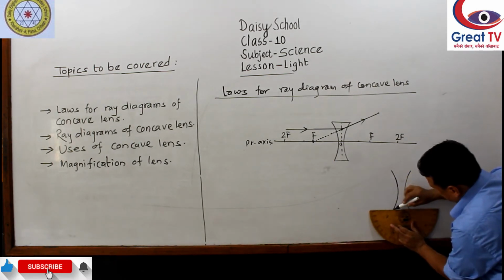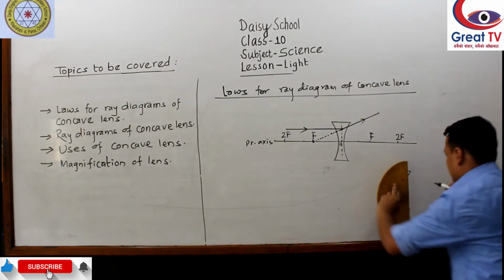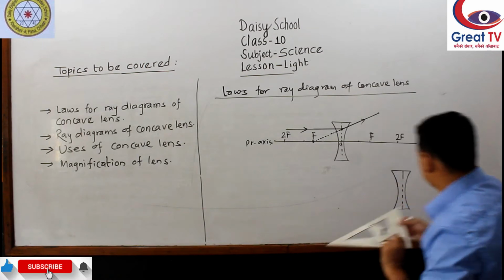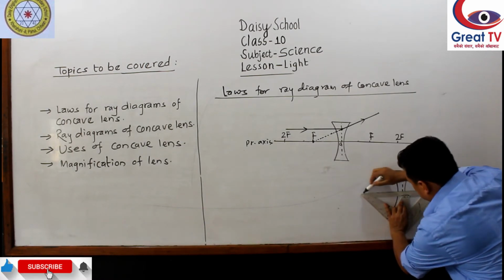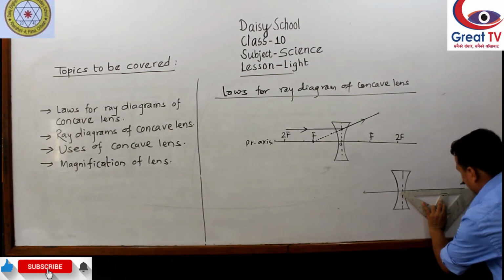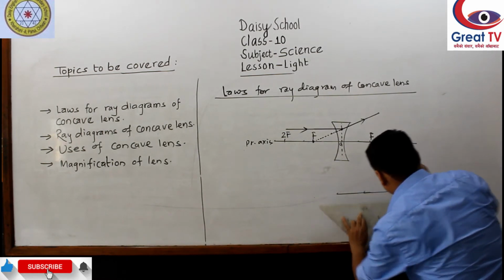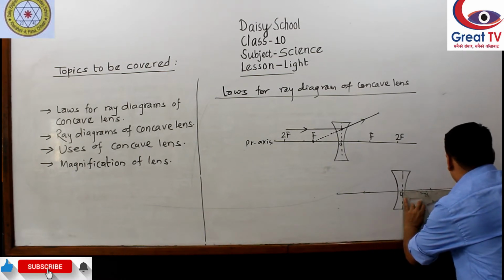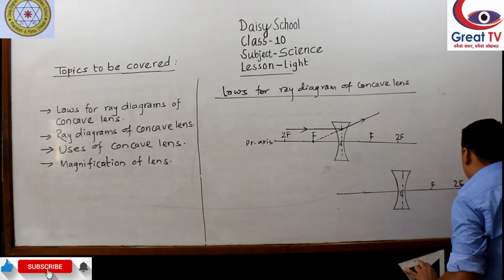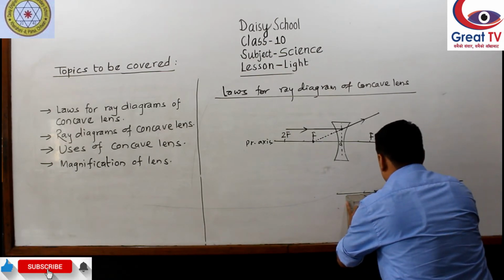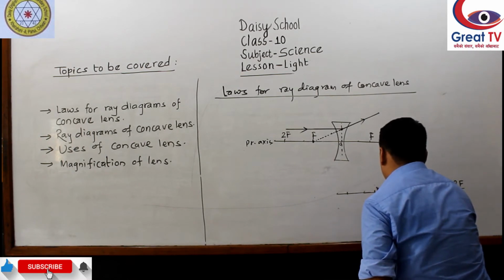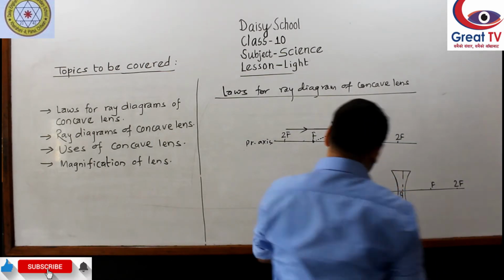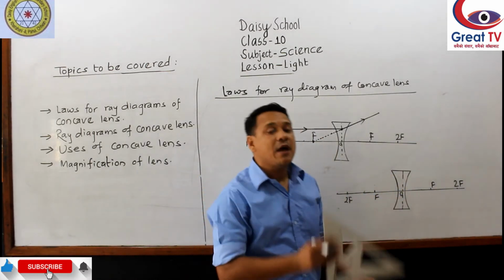Like this is the concave lens, principal axis, optical center, F to F. So, second rule, a light ray which is incident on the optical center passes without bending.